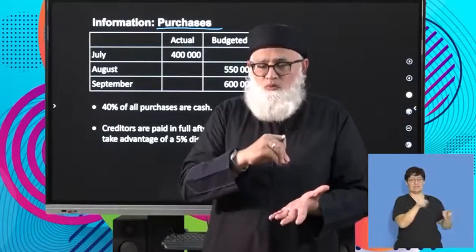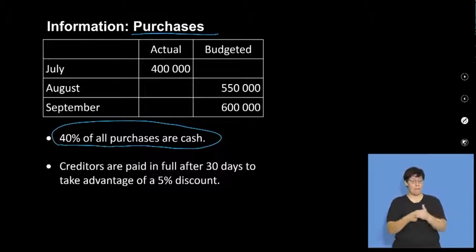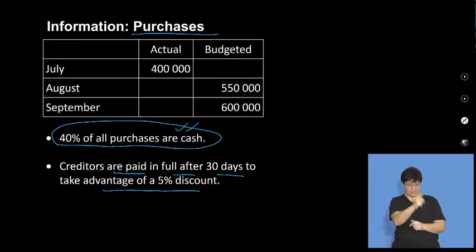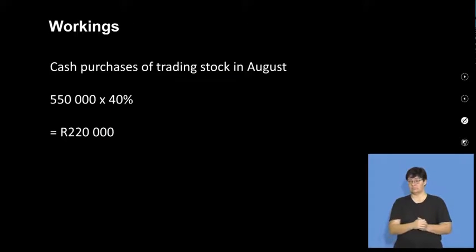Got that? Brilliant. Okay, so here we go. We are told that 40% of all purchases are for cash. Here we have our purchases figure, and we are also told that creditors are paid in full after 30 days to take advantage of a 5% discount. We'll come to that later. Right now, let's focus on the question at hand, which is the cash purchases. Remember, we want cash purchases for August.